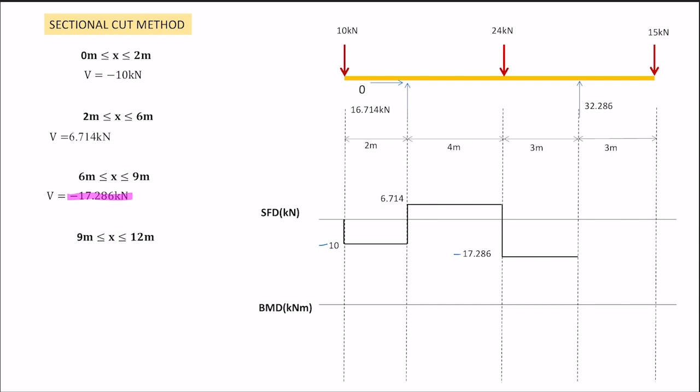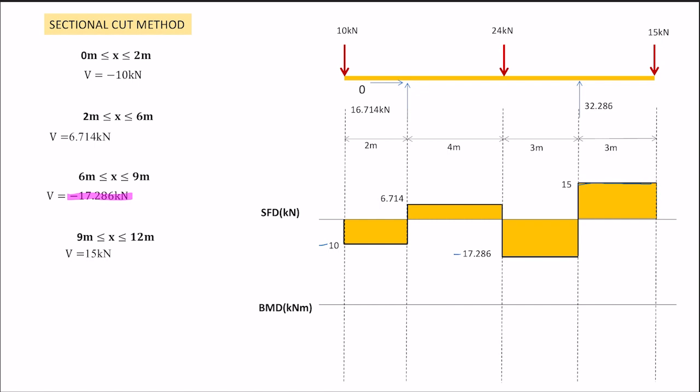For 9 meter up until 12 meter, V is 15 kilonewton, meaning along that 3 meters from 9 to 12, V is 15 kilonewton. Therefore also straight. So this is our SFD.